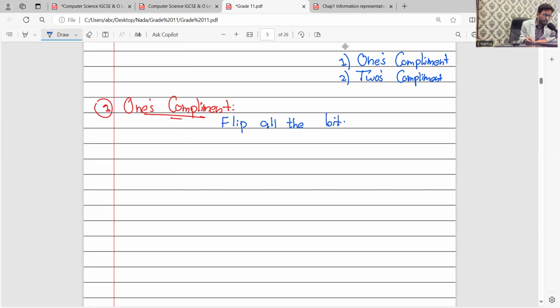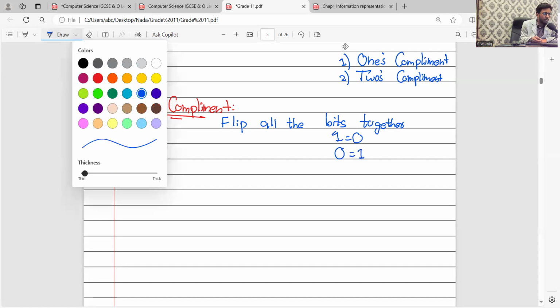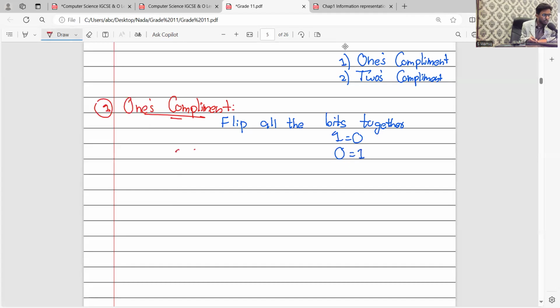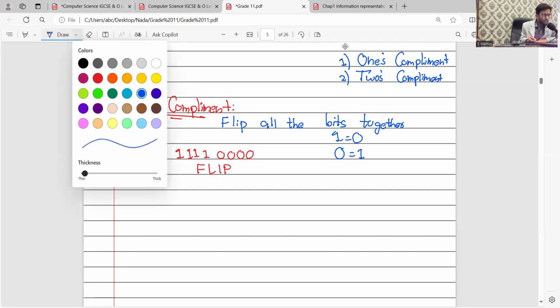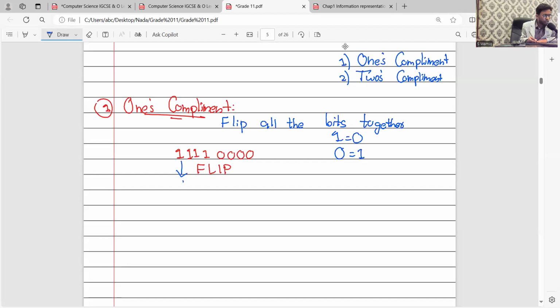Flipping means that if you have 1, it becomes 0, and if you have 0, it becomes 1. For example, if you have a number like 1 1 1 1 0 0 0 0 and you are supposed to flip this, what is going to be the answer? You can see that this 1 is turned into 0, this 1 is turned into 0, and this 1 is turned into 0.